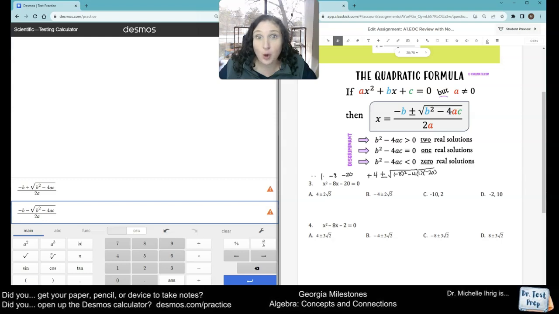And that radical goes that whole way, all over 2a. That's what we're going to end up typing in here. But this is how we do it.